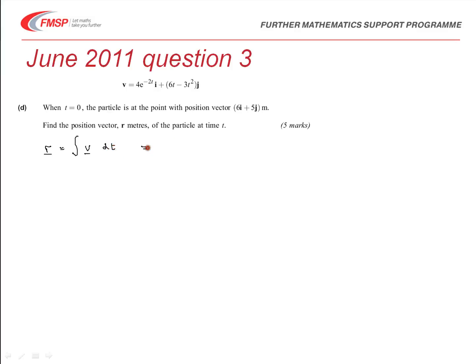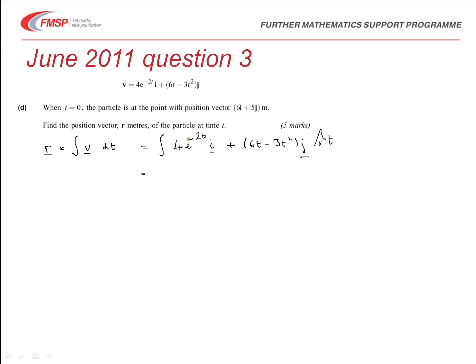So we've got to integrate 4e^(-2t) i plus (6t minus 3t squared) j. Just like when we differentiate, we do the integration on the separate components.